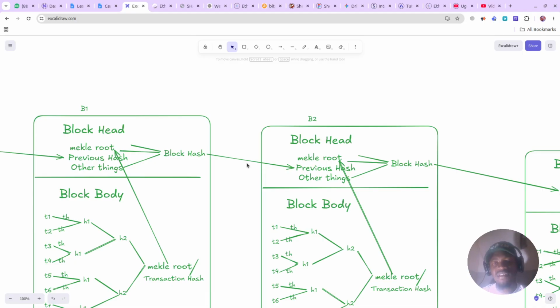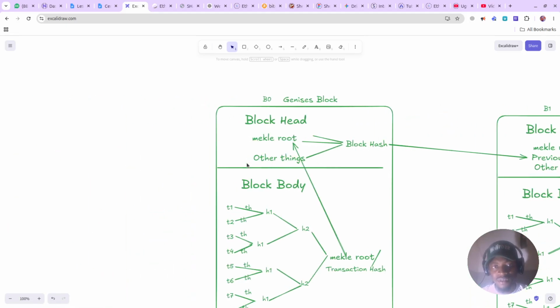So this is what it means when they say that a blockchain is a connected chain. They are connected all together, so it cannot be altered.